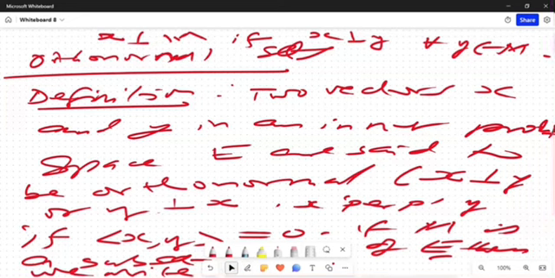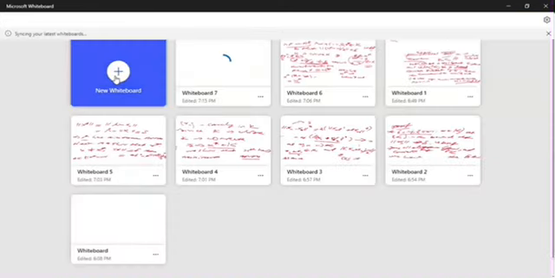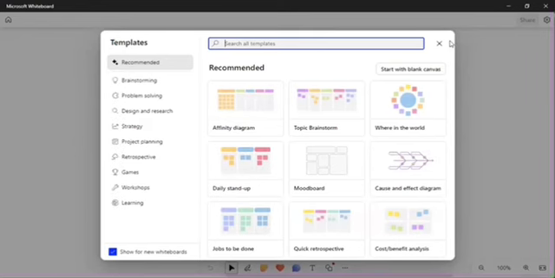Okay, so let's have the following remark. This is just the autonomous sets definition.